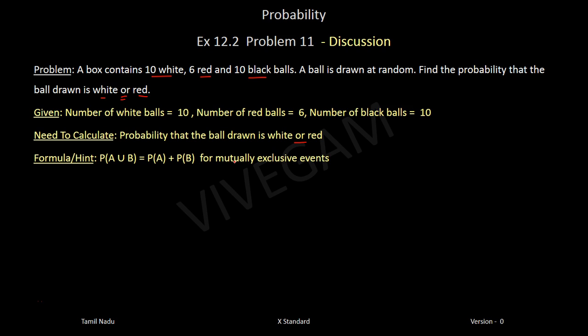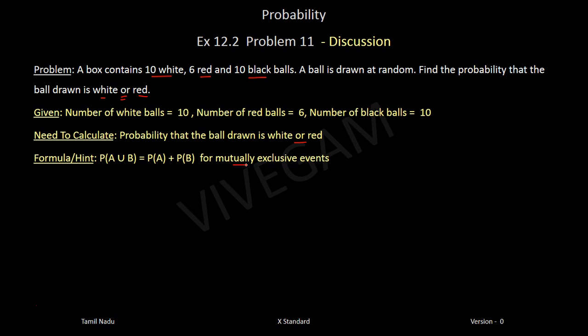That intersection will never happen, it is 0, and that is why it is excluded. In all these cases with balls, most of the time the events are mutually exclusive. There may be some special cases, but generally it is mutually exclusive.